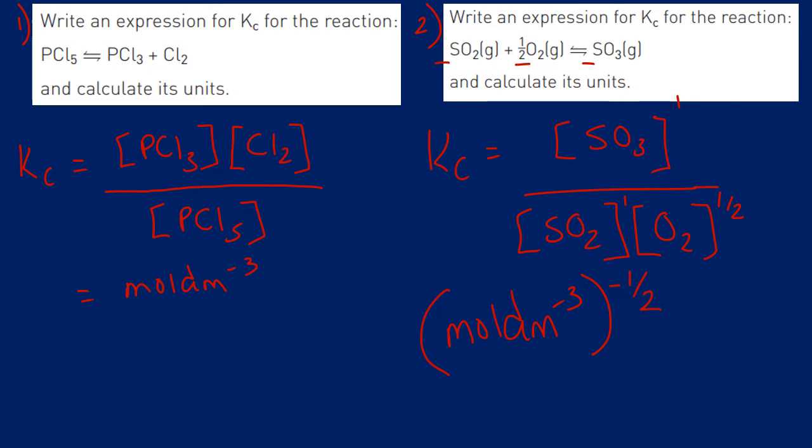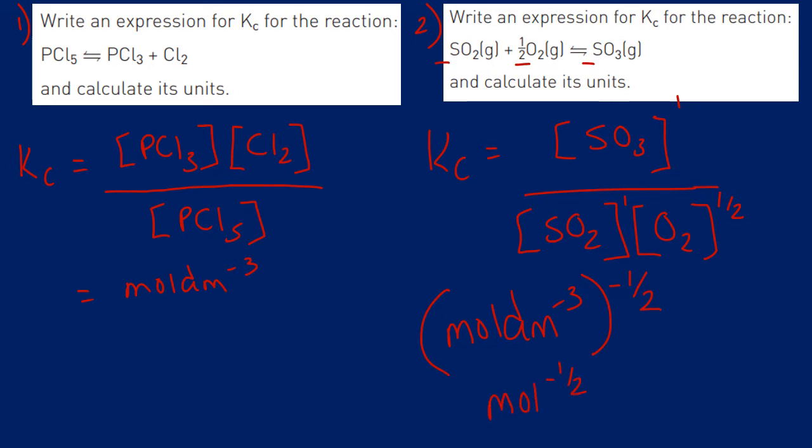And now we need to simplify this somewhat. So it's moles to the 1, dm to the minus 3. So there's kind of an invisible 1 there. And when we multiply out the brackets, we are going to multiply through the indices. So 1 times minus a half is minus a half. So it becomes mol to the minus a half.